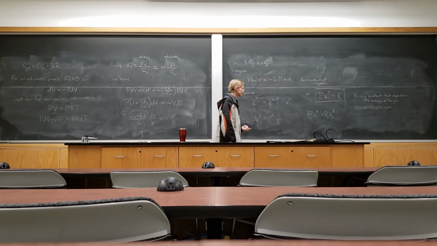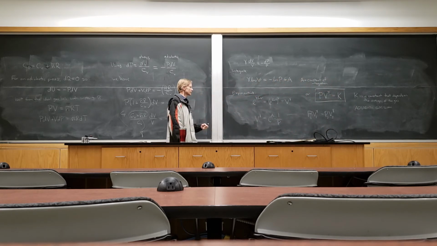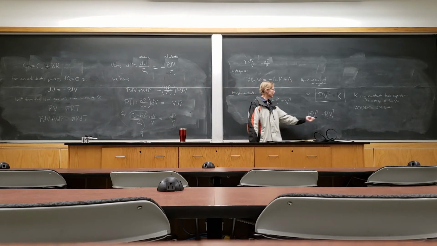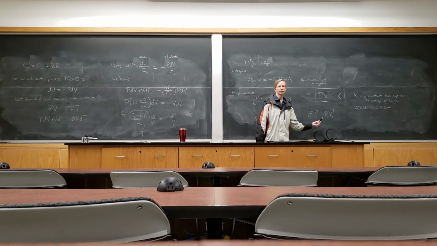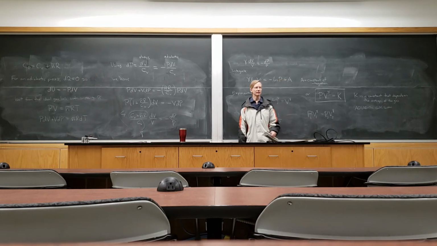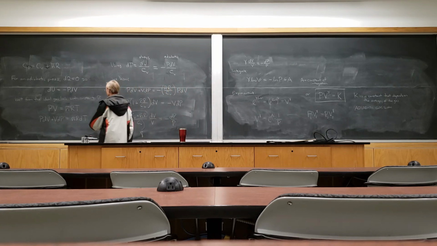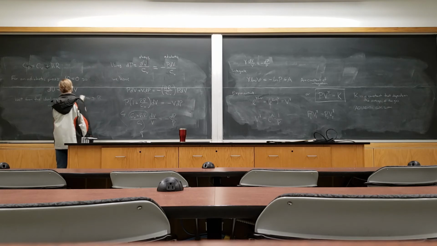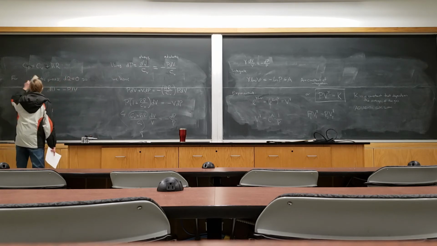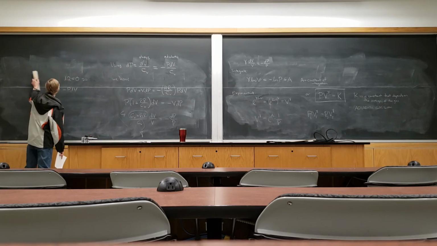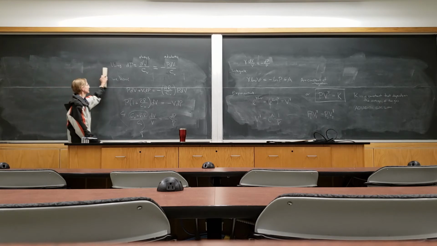So if you have an initial pressure and volume, and you know what the final pressure is, you also know what the final volume is. The pressure and the volume are linked together such that their product P V to the gamma stays constant as the gas expands or contracts due to changing pressures in the surroundings.